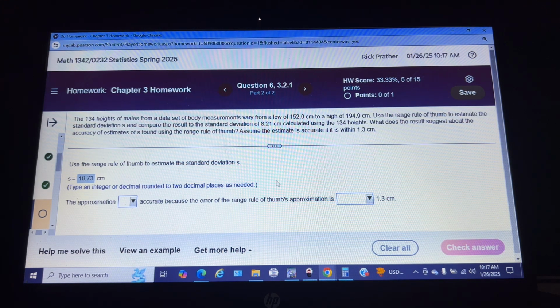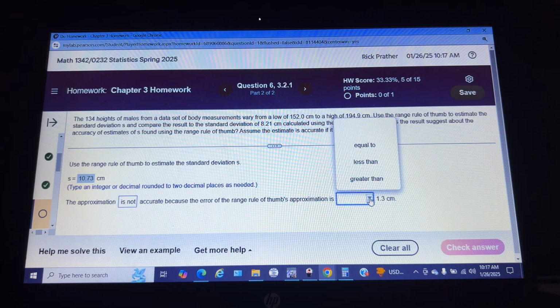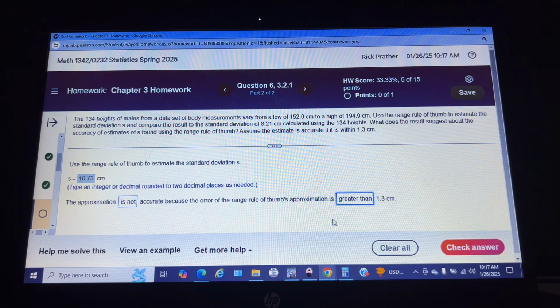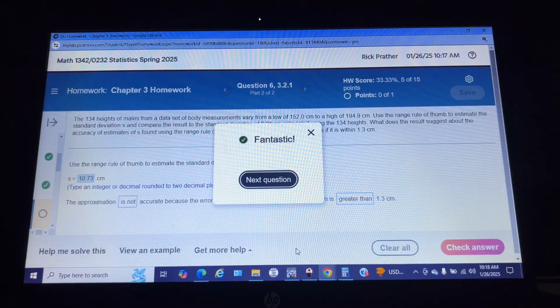This is not all that accurate then. This approximation is not accurate because the range rule of thumb is more than 1.3 centimeters away. 10.7 is more than 1.3 away from 8.2 is what they're saying here. So it's a really rough idea. They used to do it more in the past before we had calculators that could do these easily.